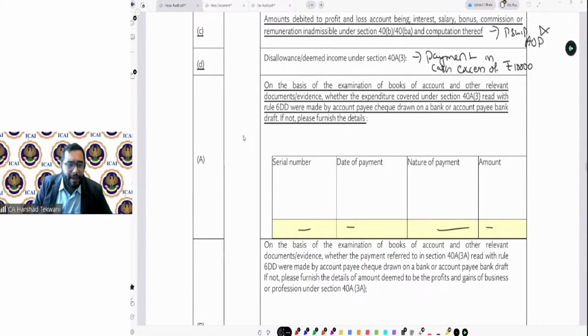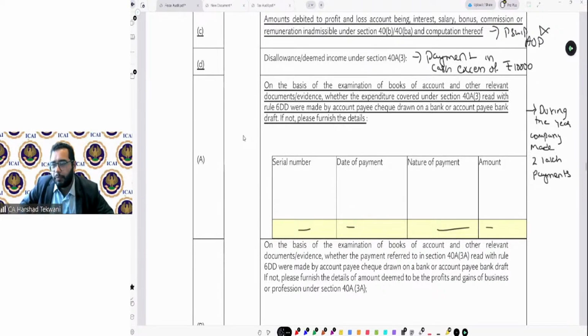Okay. Let's say, for example, during the year the company made 2 lakh payments through checks.